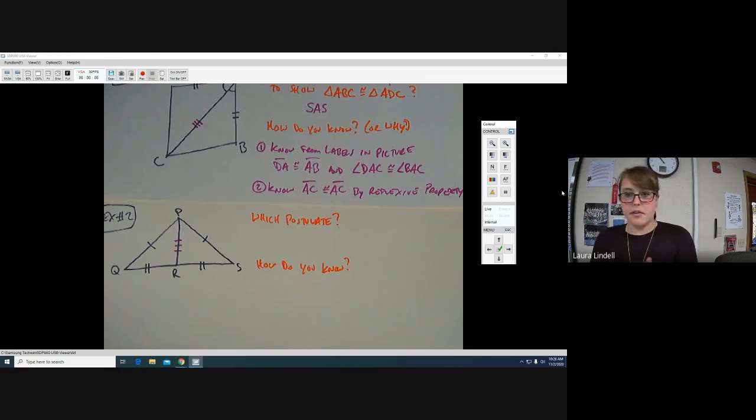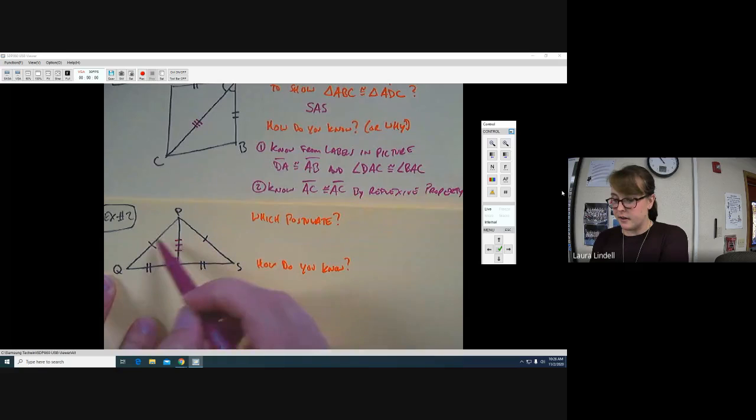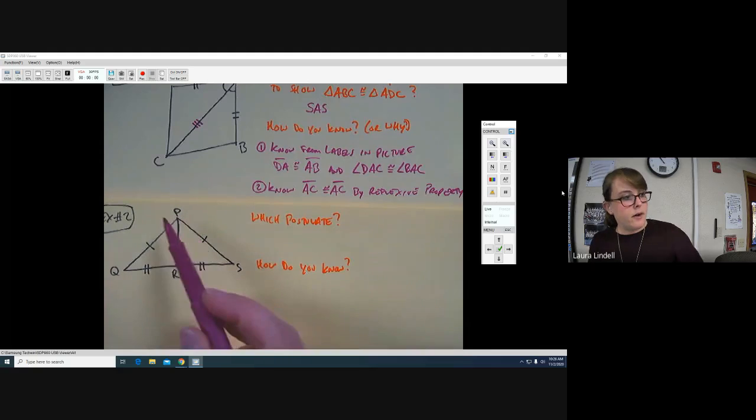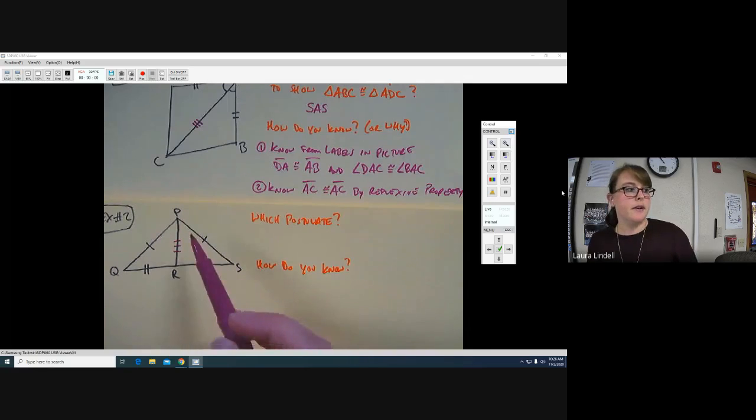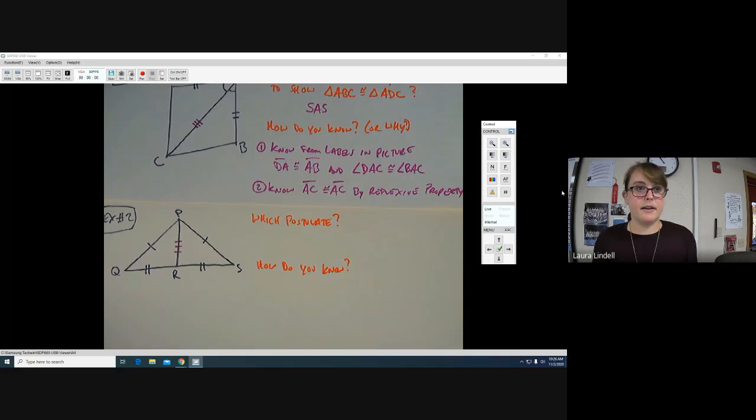All right, so let's see. Owen says SSS, Marissa says SAS. So looking at this, we found one pair of sides here. We have another pair of sides here, and then we have a shared side. I don't actually know anything about the angles in this picture. We could try to think, okay, maybe this is a right angle or something like that, but it's not labeled, so I can't make that leap.